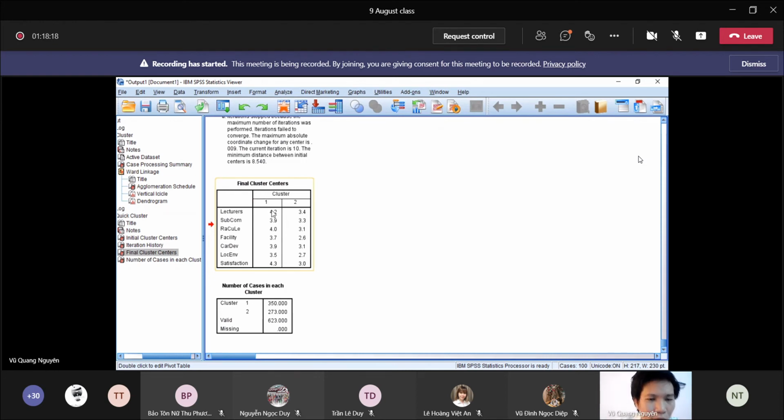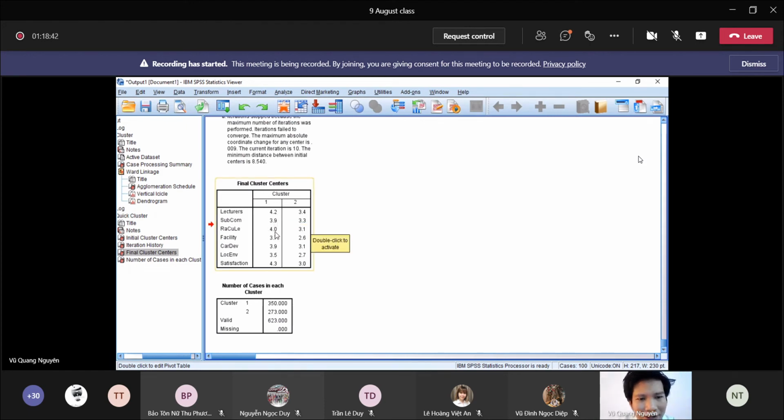Okay. Now you can see that in cluster 1 we have the lecturers. The mean of the perception on lecturers in cluster 1 is 4.2. Subject complexity 3.9.